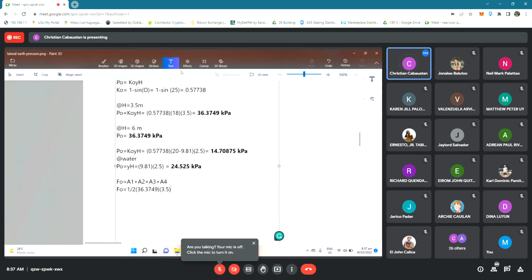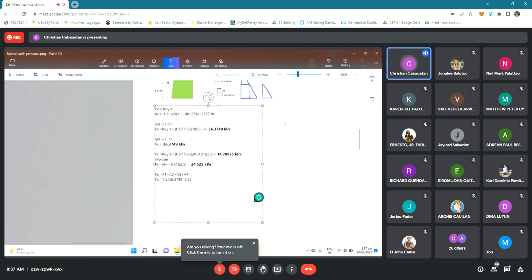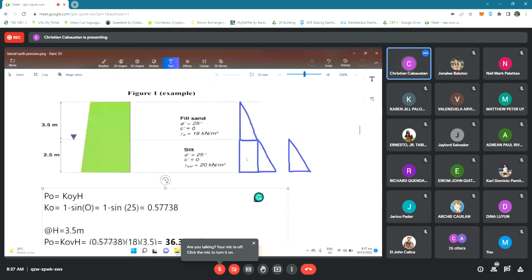So at the bottom layer, dito na tayo kay area 2, which is this part. Later on, ilagay ko na lang si 1, 2, 3, 4 para hindi niyo malimutan. So for this second layer, it is just the length times your width.